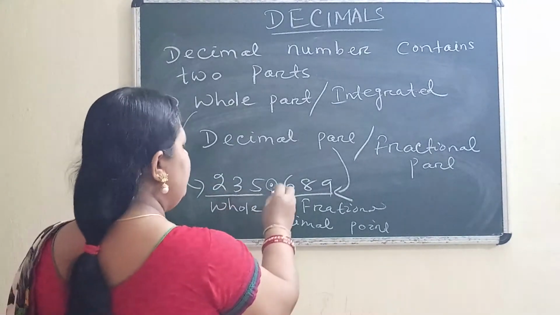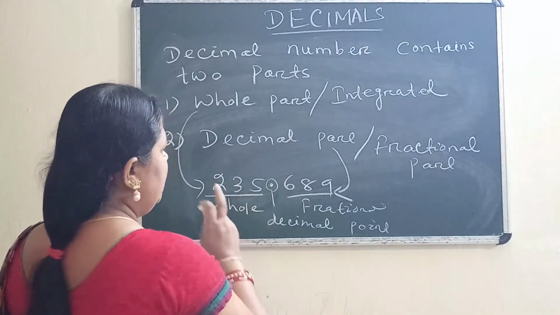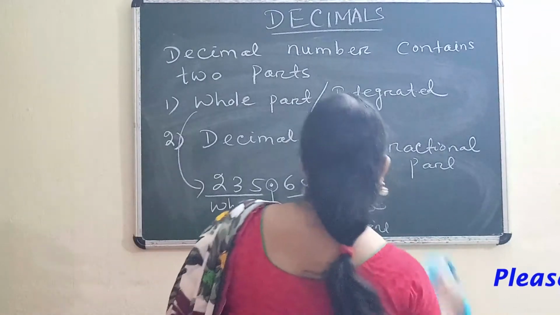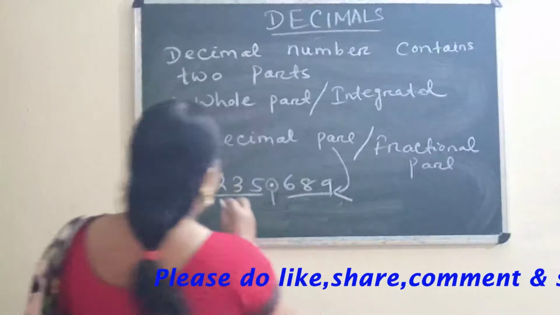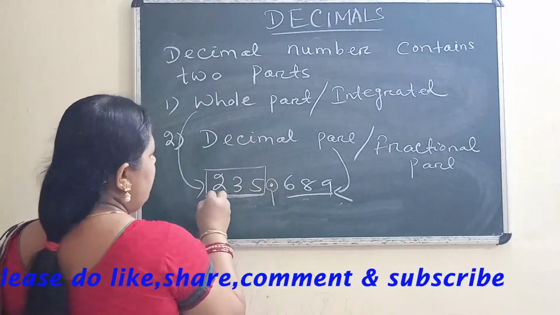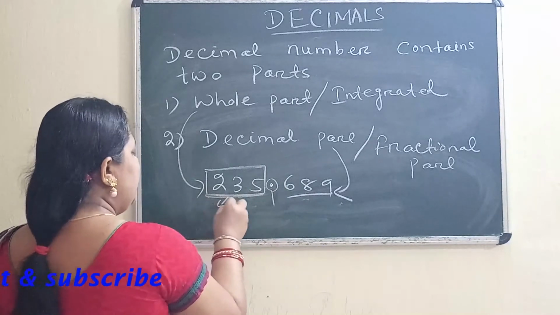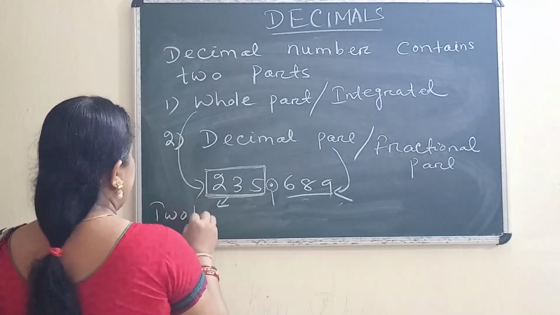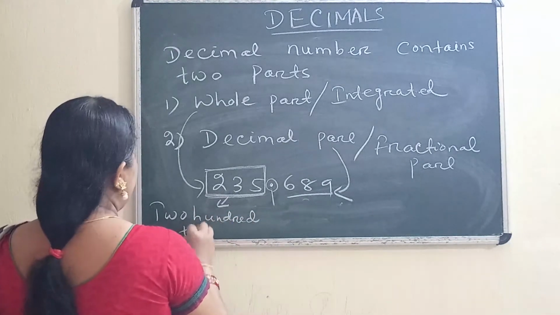Now how to read this one? I have separated it by this dot mark or decimal point. So now the turn is how to read and how to write it. This part, as it is a whole number or integral part, you will read as a normal number, that is 235.